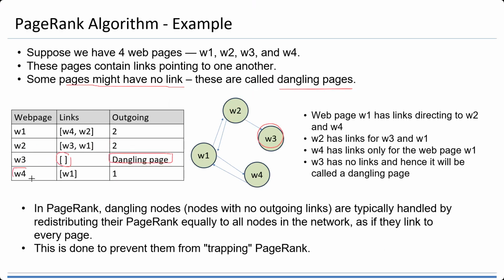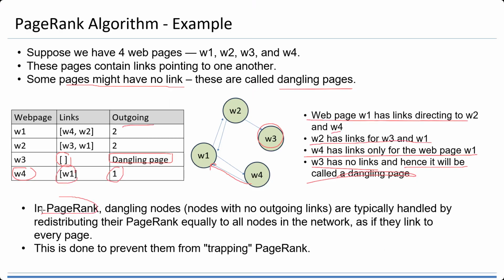And W4 has 1 link to W1, so the outgoing is 1. The web page W1 has links directing to W2 and W4. W2 has links to W3 and W1. W4 has a link only to W1, and W3 has no links. Hence, it is called a dangling page.